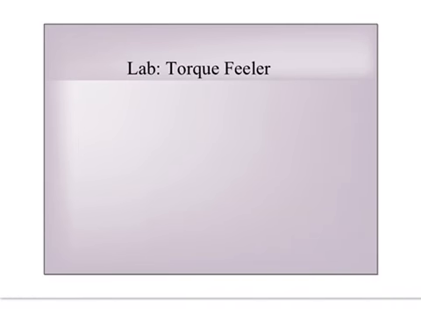Now, for the next bit of time, you're going to be breaking off into your lab groups, first to do those couple of demonstrations on the previous slides, and then you're going to be working on a lab called the torque feeler. You'll find this document on the labs page on Canvas. Before you do anything with the lab with data collection, be sure to read through the entire procedure so you know exactly what you're going to be doing.